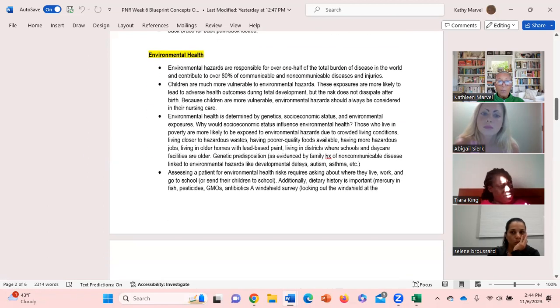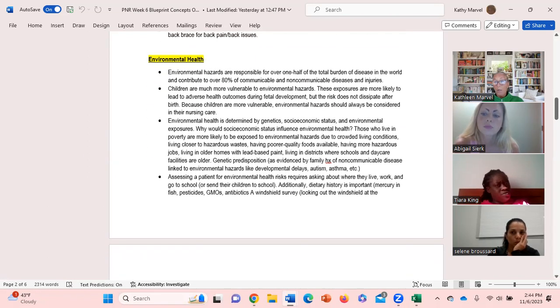Environmental health. We don't typically think of all the risks associated with where we live. Do you live near an airport? Do you live near a big transportation hub? Do you live in an agricultural community? Do you live in an industrial community?